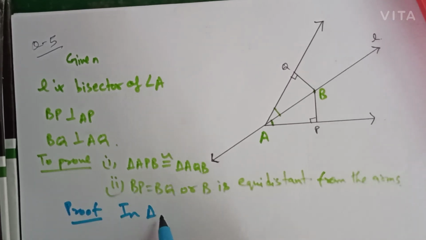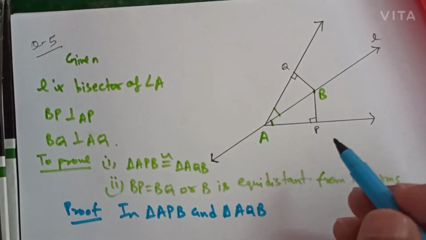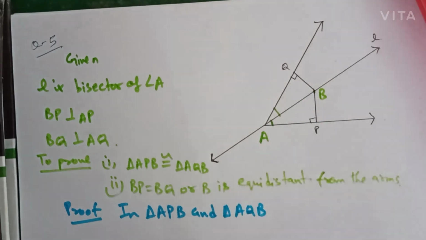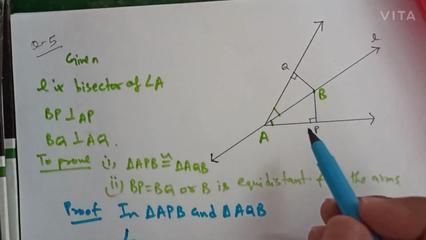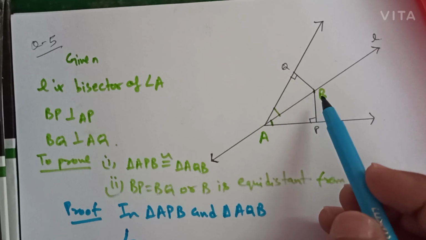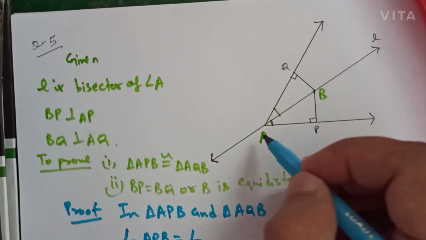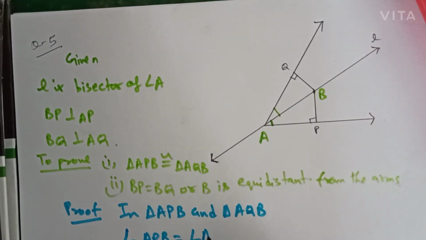So we will start the proof with these two triangles only. In triangle APB and triangle AQB, we know that angle APB is equal to angle AQB, and both are equal to 90 degrees.